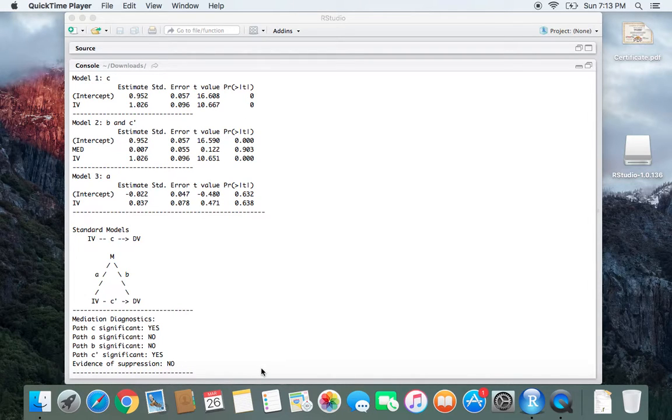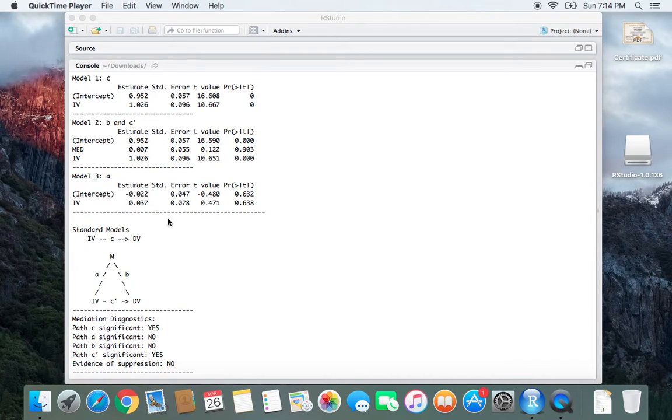And in this situation, it is letting us know that the inclusion of the mediating variable in our model is not significantly reducing the C pathway, the relationship between the independent and dependent variable, actually known as the C prime pathway, when the mediating variable is included.